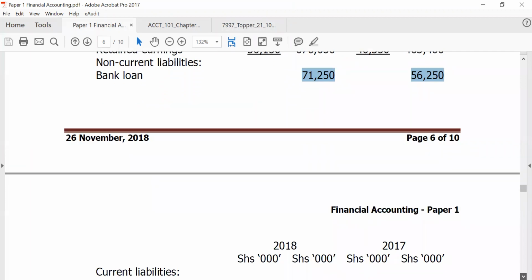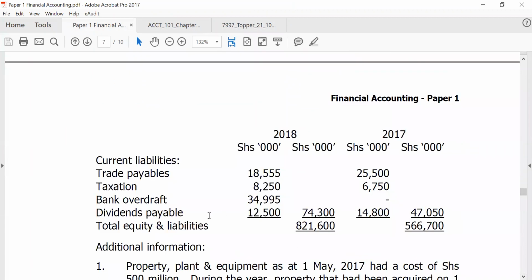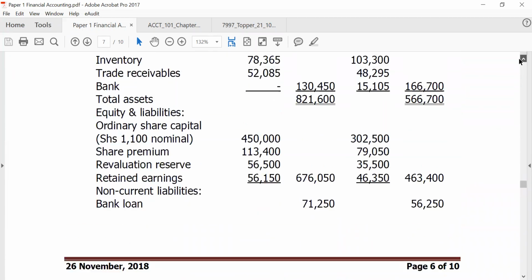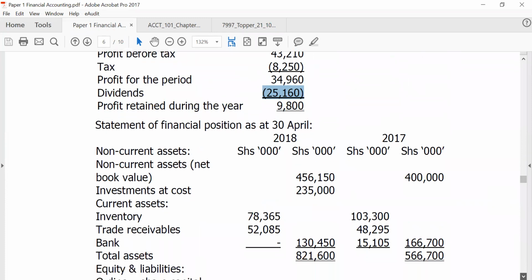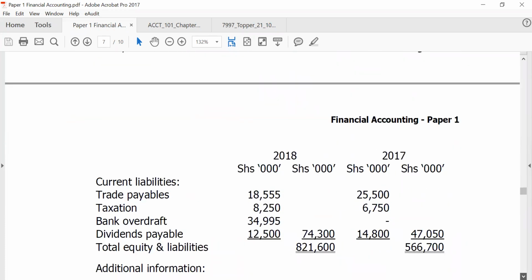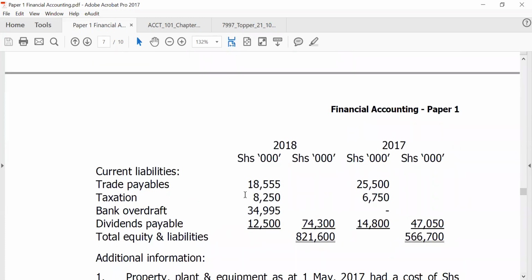So what to do, we have something called dividends payable within our balance sheet, but we also have our dividends for the year. Now, to calculate the dividends that were paid during the year, we draw up an account just like the one we drew up for taxation.